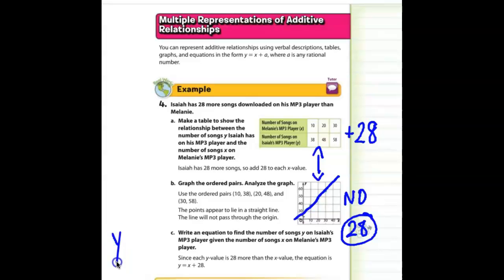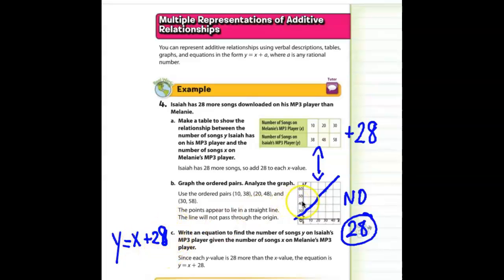So the number of songs that Isaiah has is going to be equal to x plus 28. So what is independent is Melanie. So whatever Melanie has, he has 28 more.